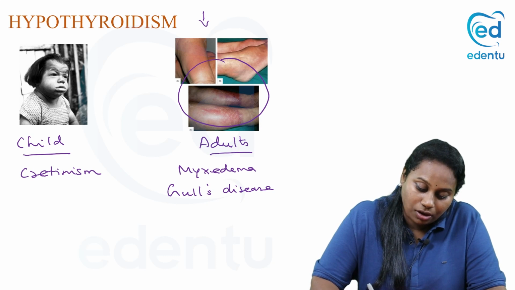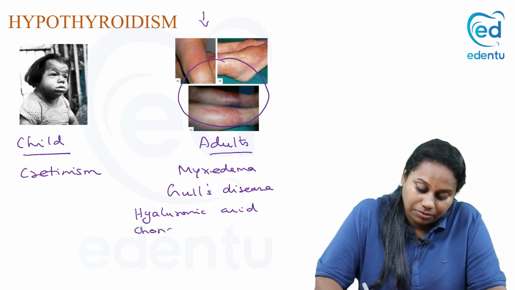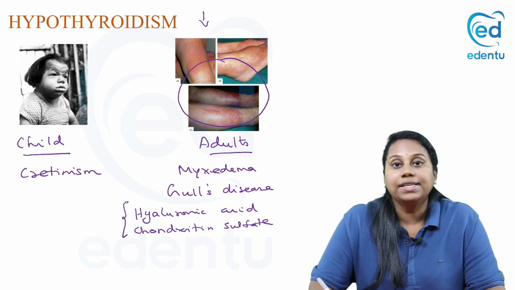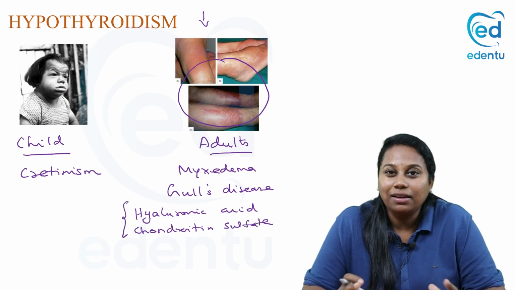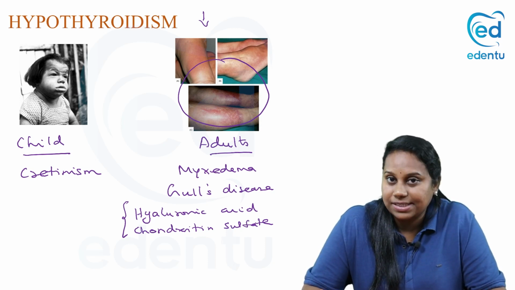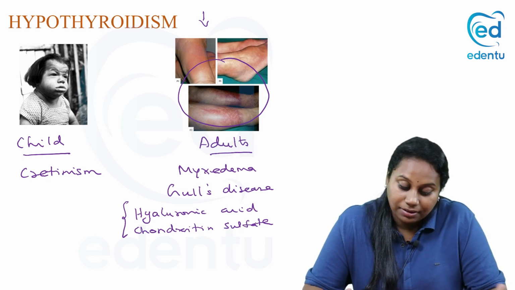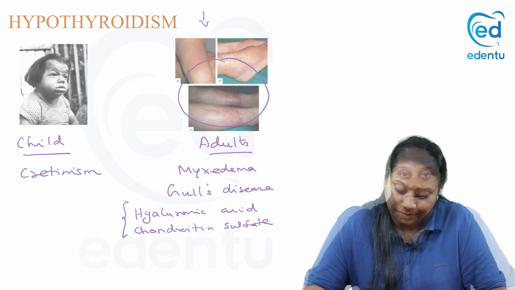Excessive deposition of hyaluronic acid as well as chondroitin sulfate. Both these substances form a gel-like matrix in the extracellular space. So that is the reason for the swelling or the myxedema. So this is about myxedema in adults and cretinism in childhood.